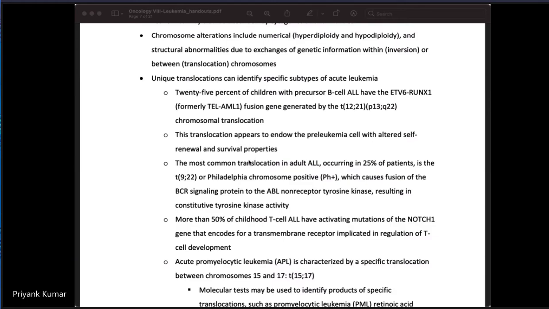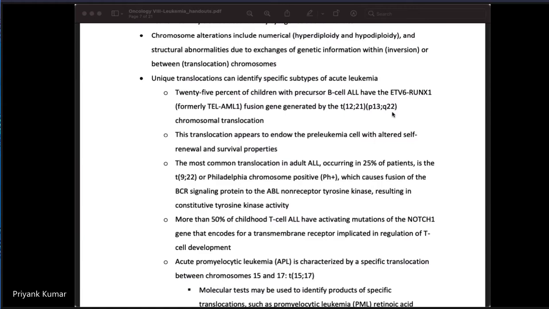So the translocations that are associated with leukemia, the first unique translocation is ETV6-RUNX1, formerly known as TEL-AML1. It's between chromosome 12 and 21. P13 arm of chromosome 12 and Q22 arm of chromosome 21.